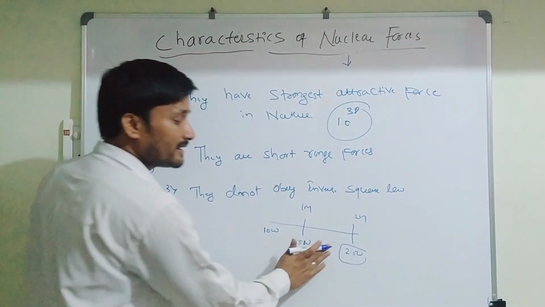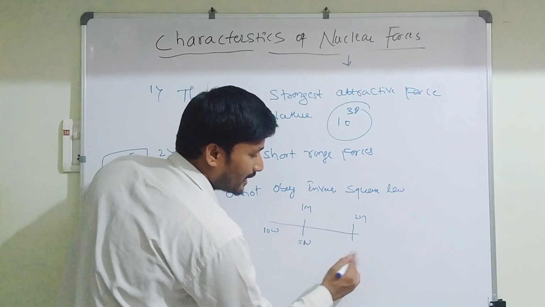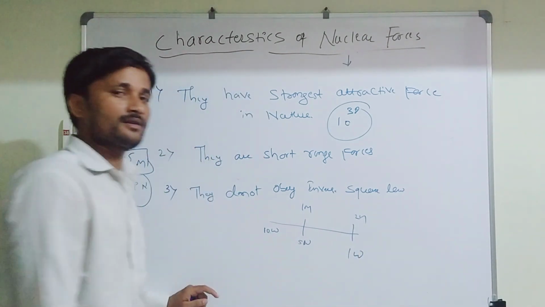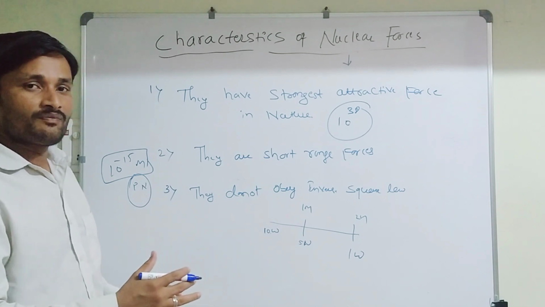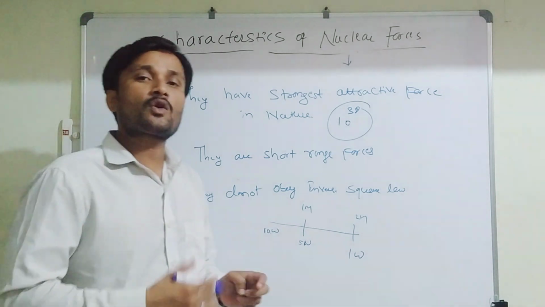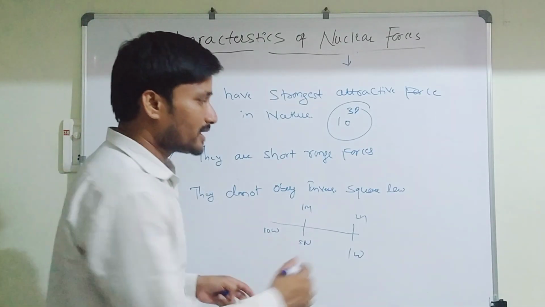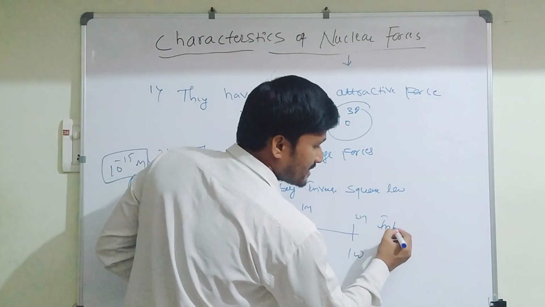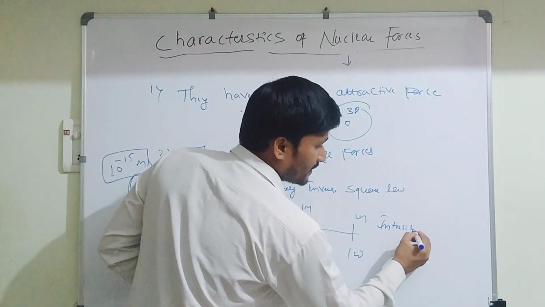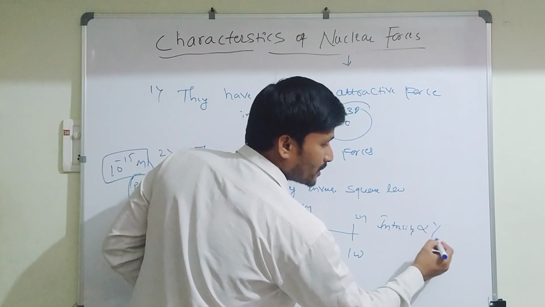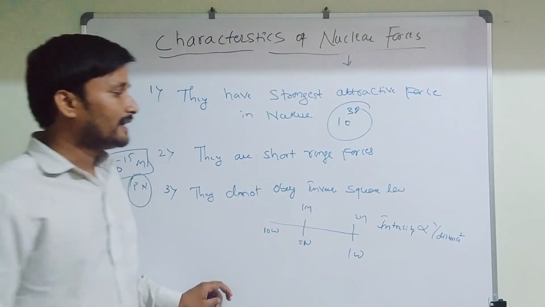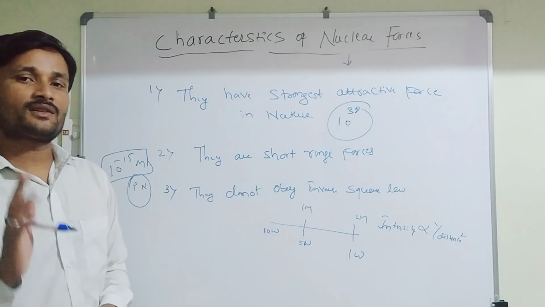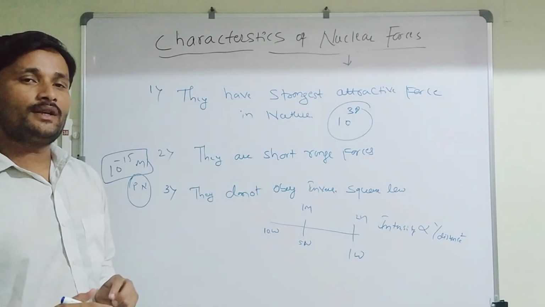It is a sudden decrease in energy, and we get around 1 watt. So there is a sudden drop with distance. That's why we say intensity is inversely proportional to the square of the distance. That is called the inverse square law. That is the third characteristic of nuclear force.